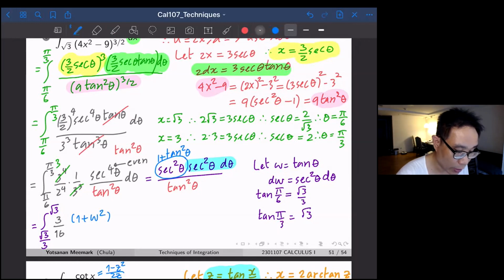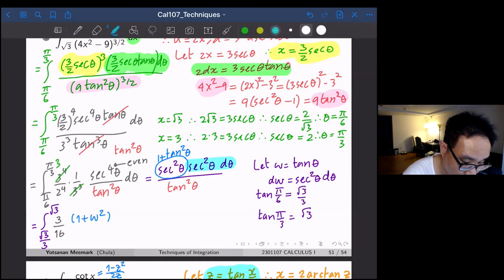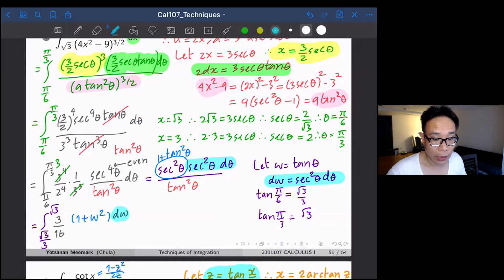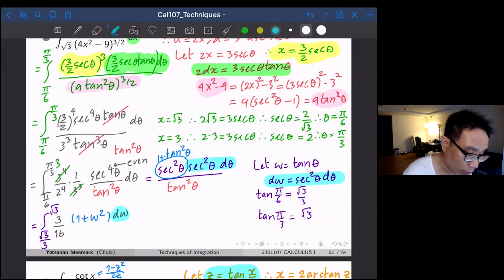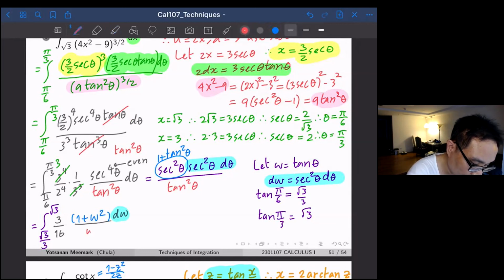And you have secant squared d theta, so this one will be dw. So this guy will be dw with the w squared here, and you have tan squared, which is w squared.